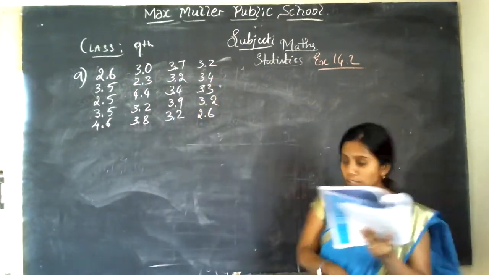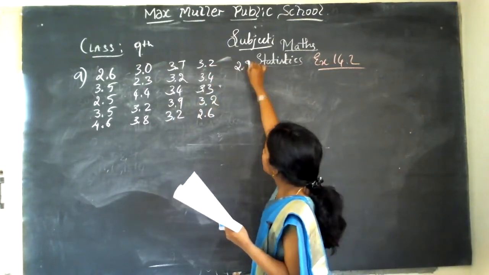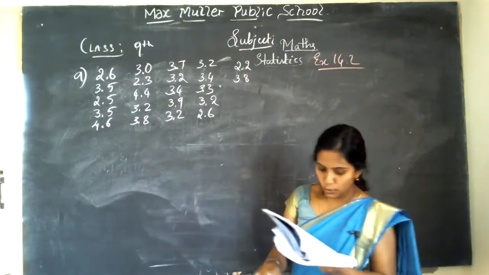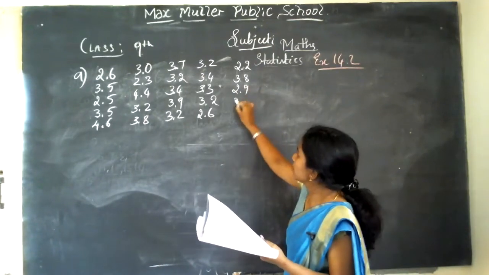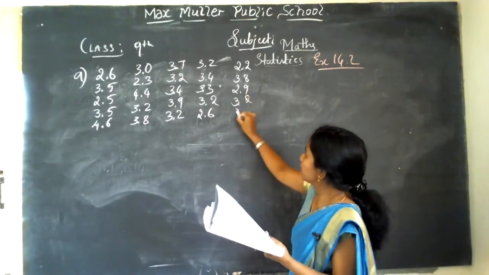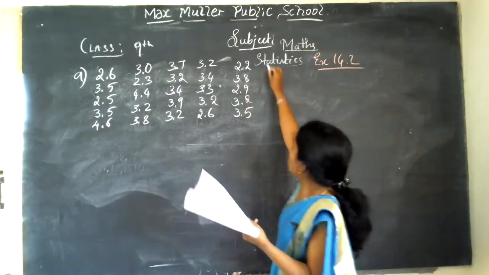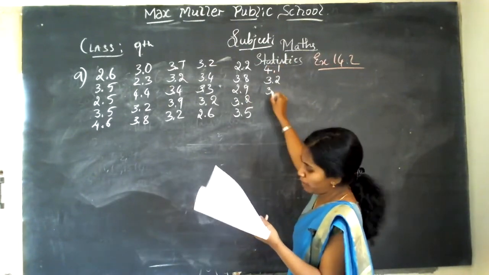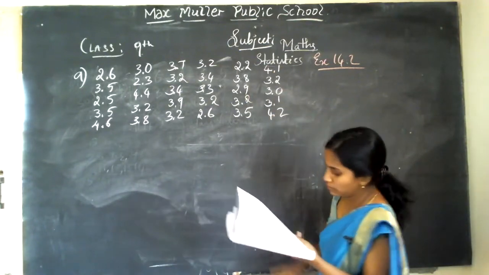2.6. So I have written 4 columns, move to the 5th column, 2.2, 3.8, 2.9, 3.2, 3.5, 4.1, 3.2, 3.0, 3.1, and 4.2.